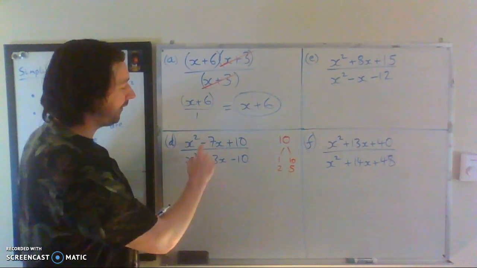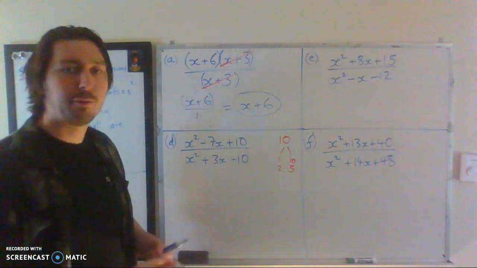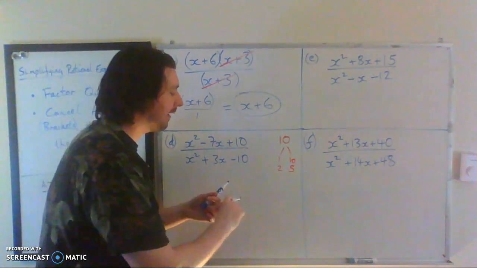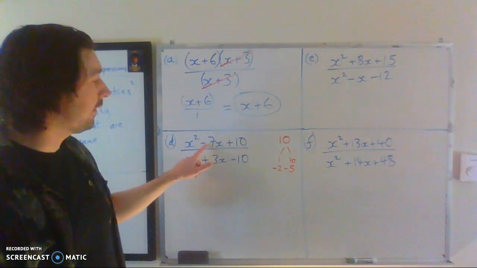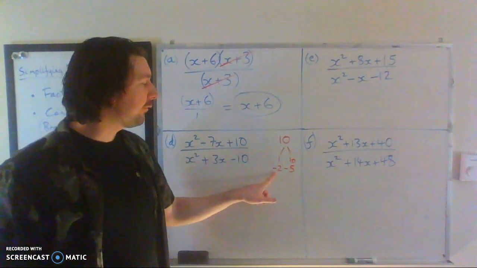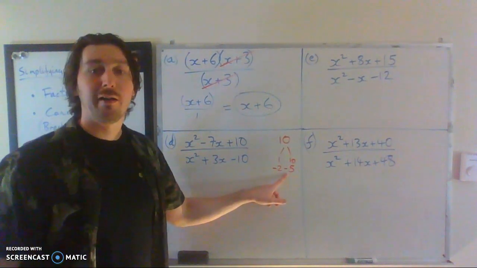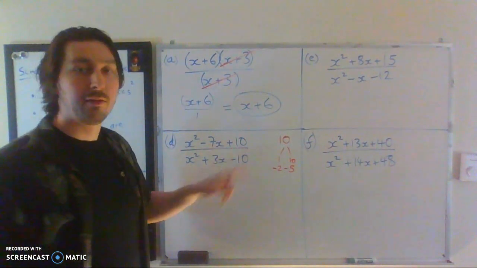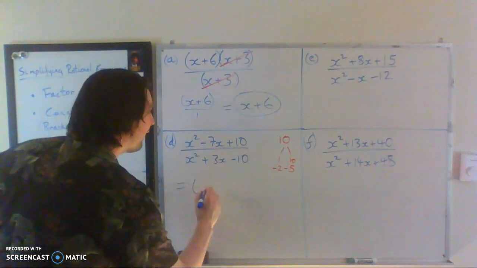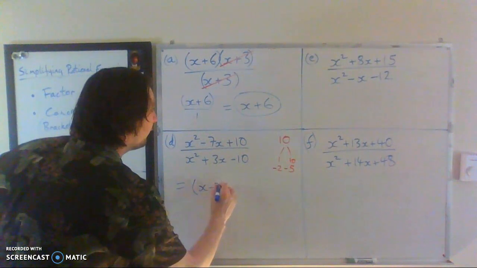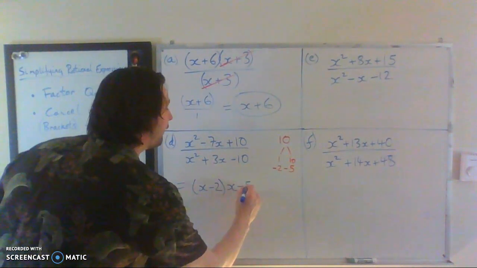Now, here's the hard bit. This is negative, this is positive. So if I did negative 2 take away 5, I would get negative 7. And then if I did negative 2 multiply negative 5, I get positive 10. So for the top part here, the correct brackets are x minus 2, x minus 5.